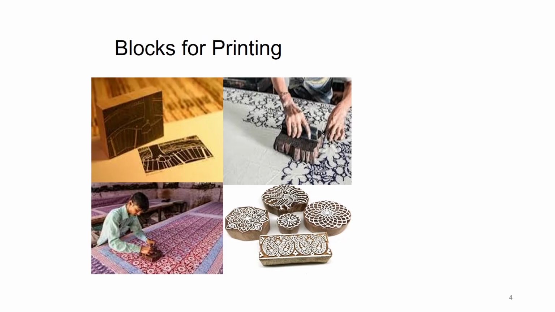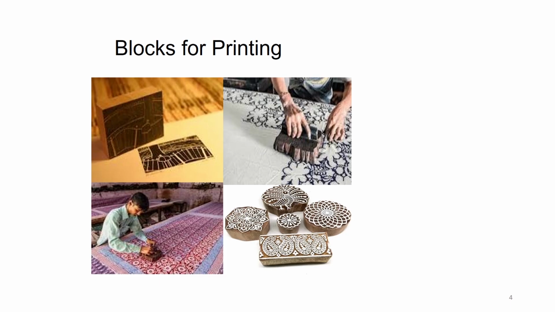These are some of the examples of block printing. First, a design is carved on the block, and then very intricate designs are produced, as you can see on the right hand side.